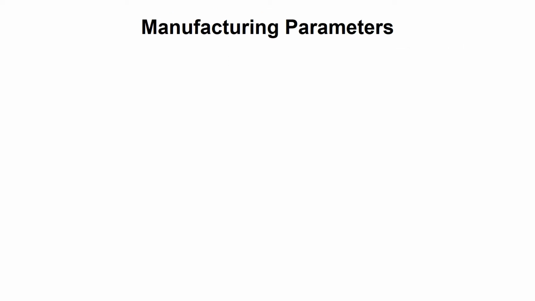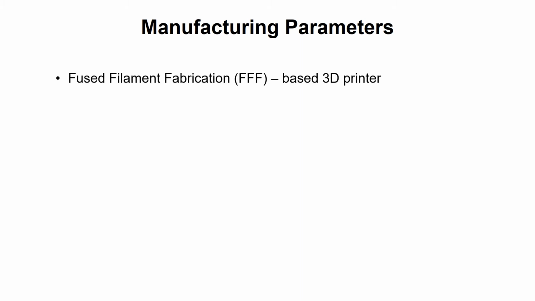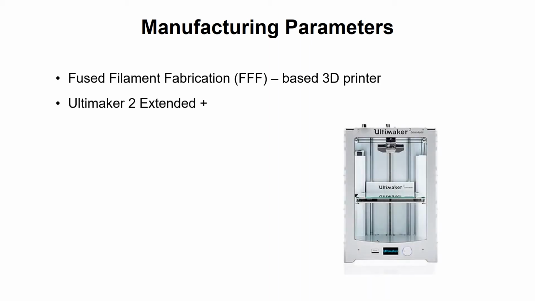The manufacturing parameters of additively manufactured ABS specimens are as follows. The specimens are printed using a fused filament fabrication-based 3D printer. The model of the 3D printer is the Ultimaker 2 Extended Plus. The filament used is Prima 750 ABS and it is gray in color.